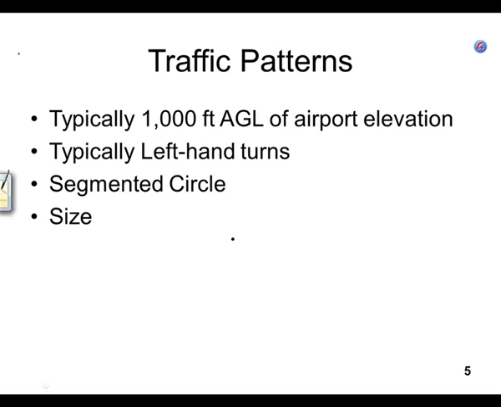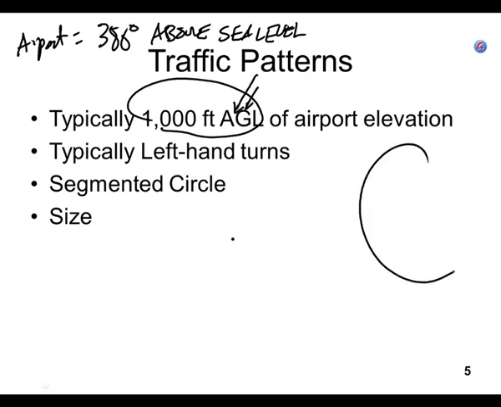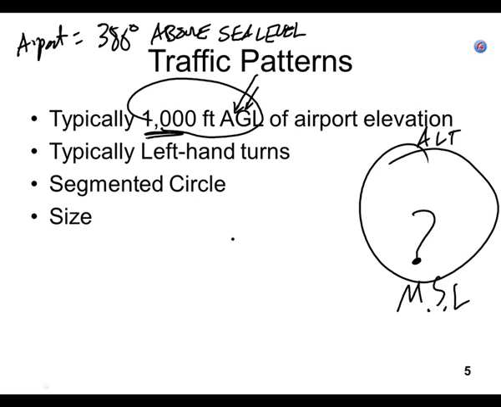If we look at the airport and it says the airport is 380 feet above sea level, and we want to be 1,000 feet above the ground, then on our altimeter, that's in MSL, mean sea level, what does it need to read so that we're 1,000 feet above it?